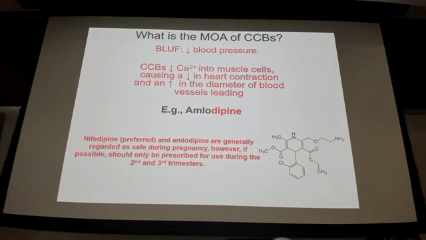However, if it is prescribed to a patient, it should be done during the second and third trimester, because the first trimester is just risky in general for giving drugs like this. They're not 100% sure if it's teratogenic. They don't think it is based on their studies so far, but it can be used during pregnancy.